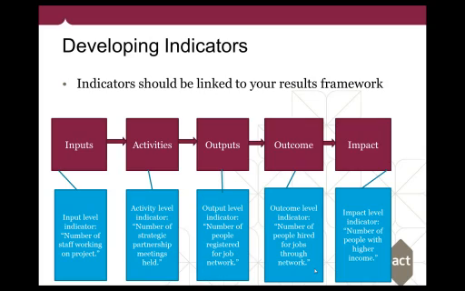You can also have outcome level indicators, something that are a bit more further down the road. So previously we measured number of people who registered for the job network. Now we're measuring number of people who are hired for jobs through the network. And then you can also measure an impact level indicator, number of people with higher income.